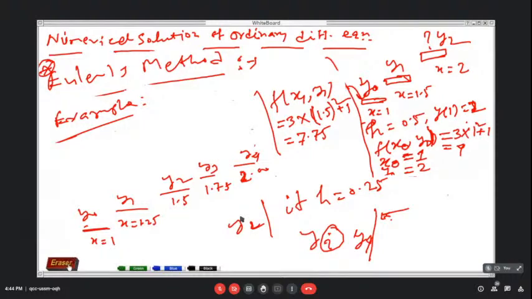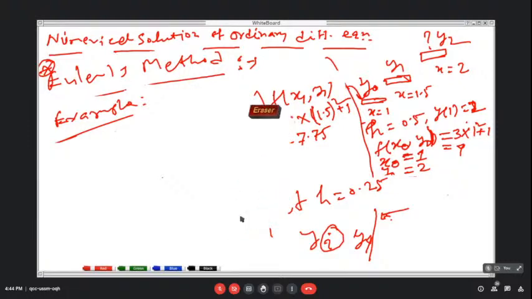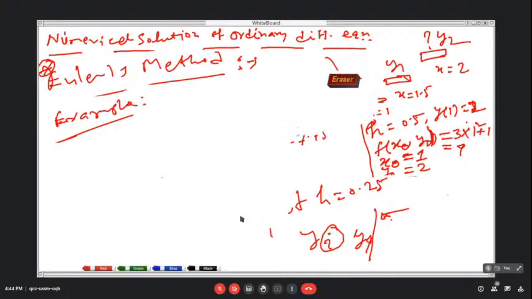So can anyone tell me what kind of error we can expect from this method, or what would be the name of the error, or which error we should look into? There are many errors, right? 2-3 errors we have discussed.